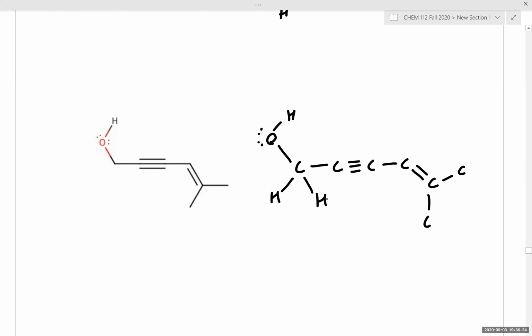Then we fill in our hydrogens to complete the octet. From that, we have our complete and valid Lewis structure. Does this make sense to everyone so far? Any questions on this example?